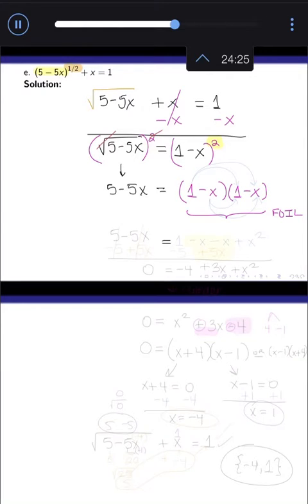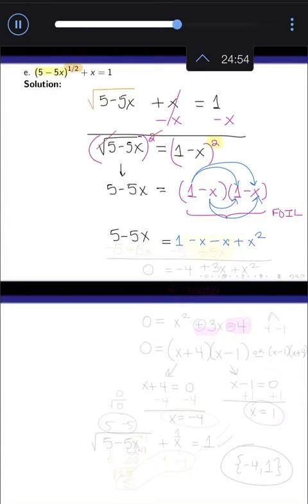Well, first of all, we'll multiply out the 1 times 1, which is 1. Then we'll do the 1 times negative x, which is negative x. Then the negative x times 1, which is negative x. And lastly, negative x times negative x is actually a positive x squared. We're going to leave the left-hand side alone for now.